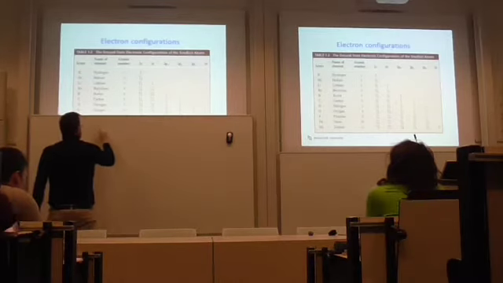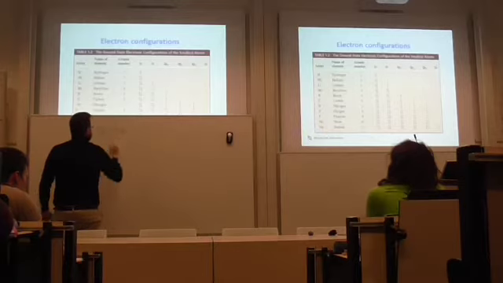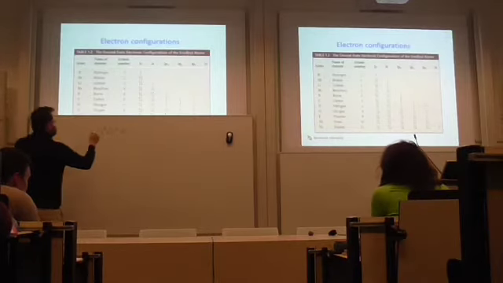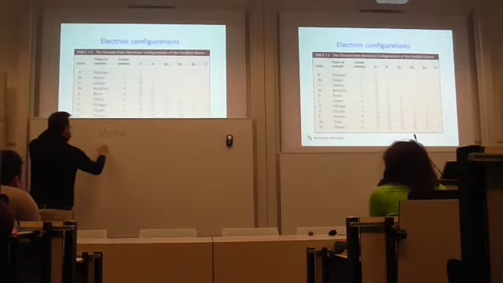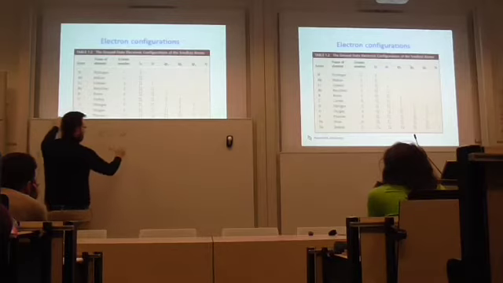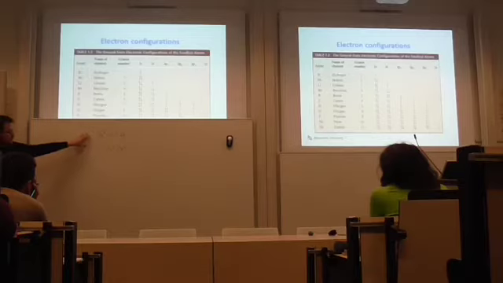If I were to write that out, its electron configuration would be 1s2, 2s2, 2p1. What about oxygen? Oxygen would be 1s2, 2s2, and then 2p. How many electrons do we have there? 4. Okay? And so on. So that's the way to do it. You can either draw it or write it out, and this is the electron configuration.